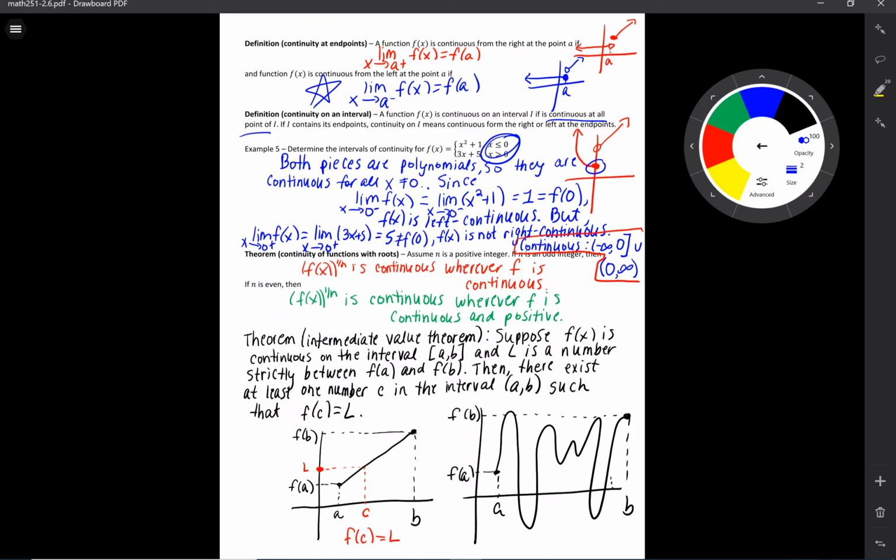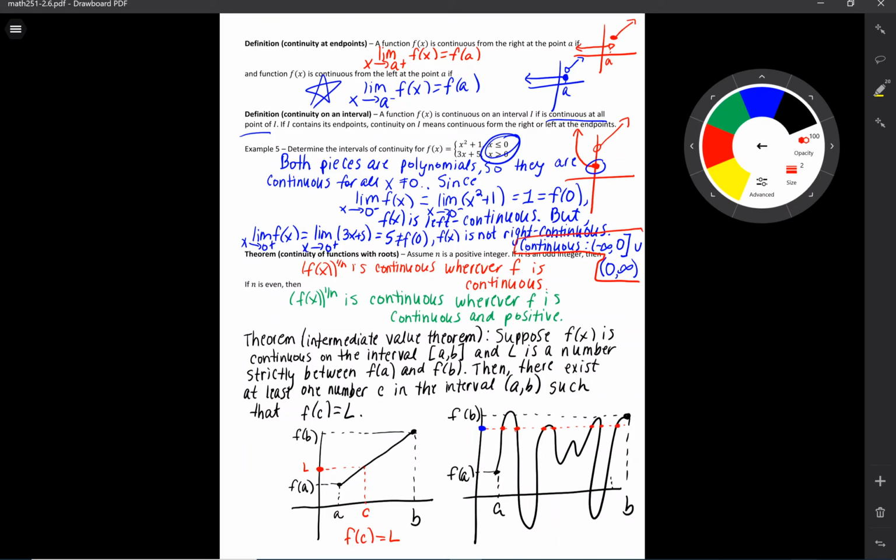So I'm going to pick this point, and I can see here that there are actually multiple places where f is equal to this number. If I just draw a line like this, I see that here, here, here, and here, they satisfy the theorem.